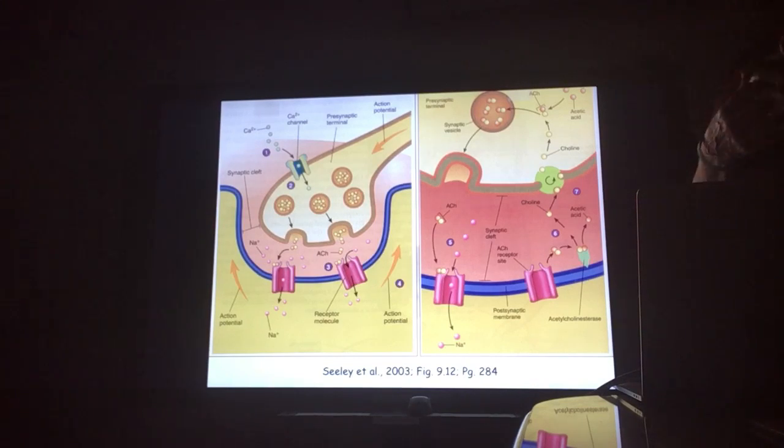So I told you we're going to talk about the steps of contraction and the steps of relaxation. Now, these steps are a little bit intertwined because the steps that start contraction also start relaxation. And that's what this portion of the slide is for. This shows a better, zoomed in view.